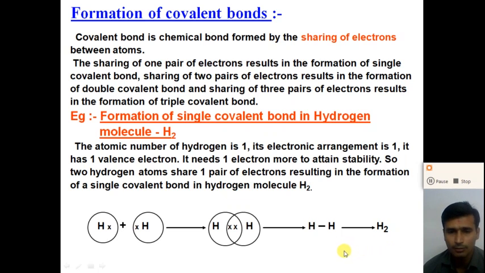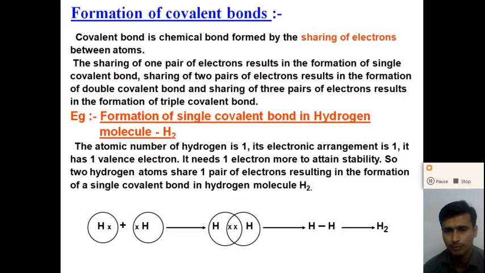So this single covalent bond is represented by a dash between the two hydrogen atoms. So H-H. This dash is a single covalent bond between the two hydrogen atoms, and it is represented by a hydrogen molecule H2. Understand, dear student, how the single covalent bond forms in the hydrogen atom by sharing one pair of electrons, right?